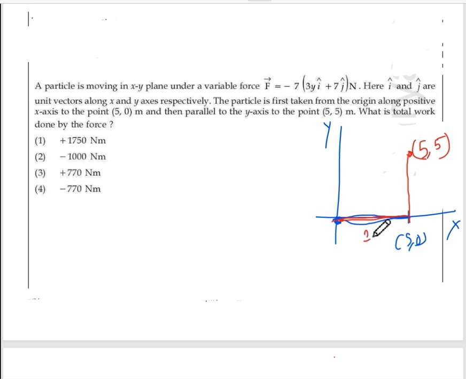There are two paths. This one is the first path, and this one is the second path. We have to find the work done on this path and then the work done on the other path, then add both to get the answer, because here the force is not conservative. So that's why you have to calculate manually.